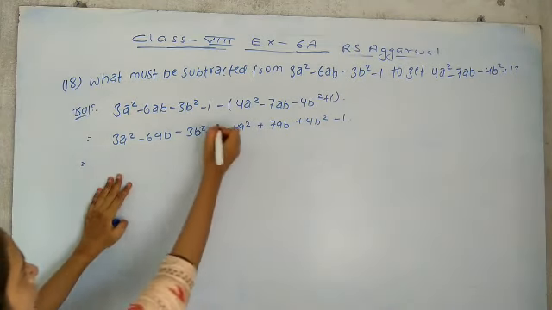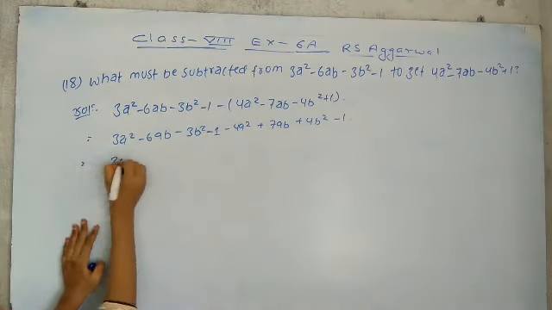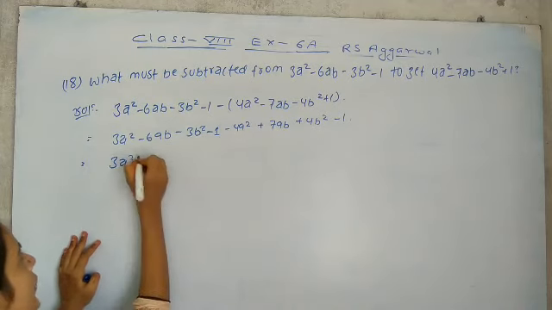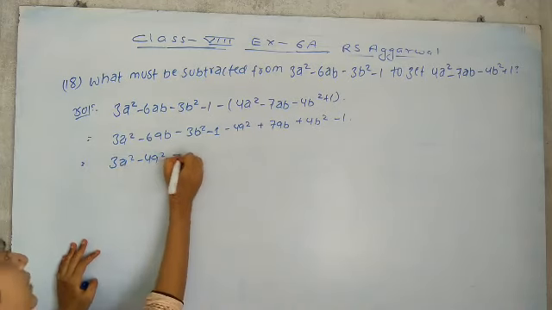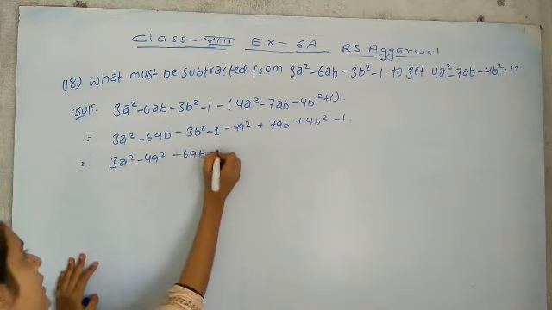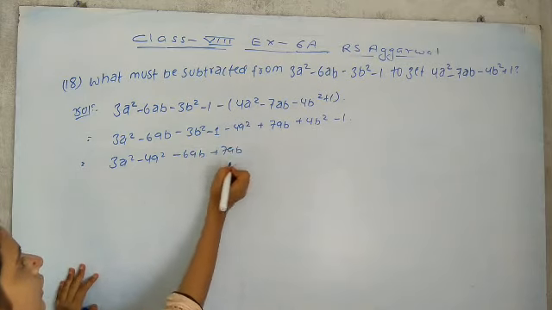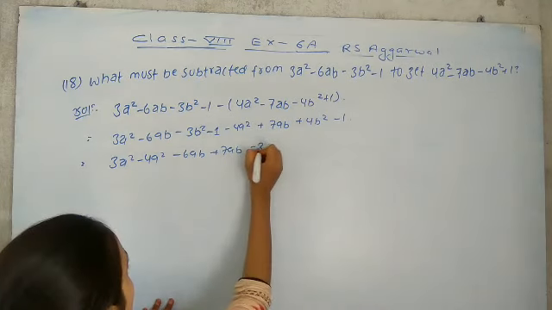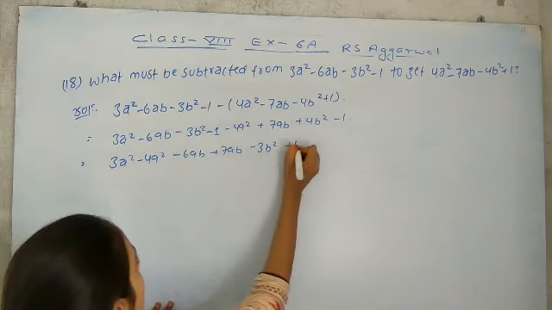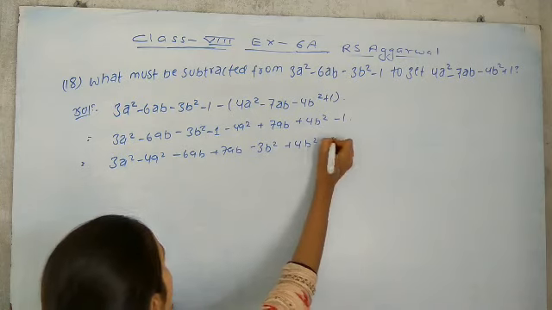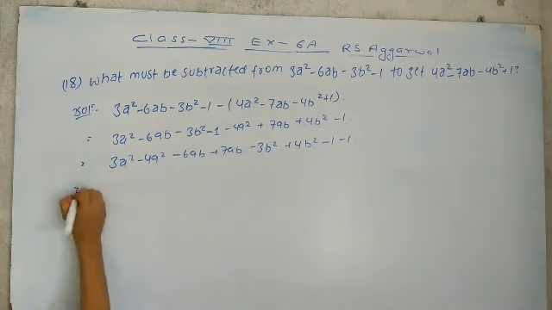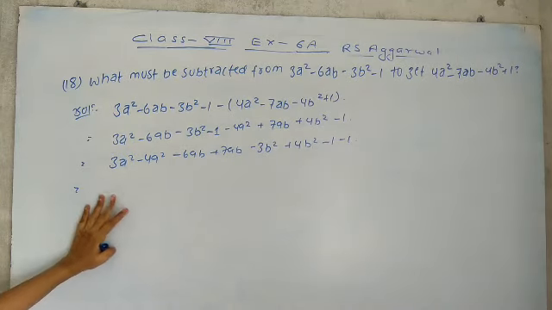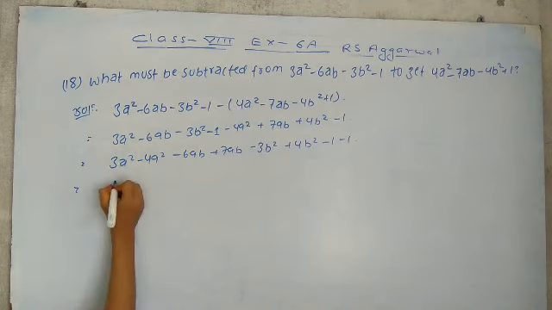Now we'll write in like terms: 3a square and minus 4a square. Here is minus 6ab, here is plus 7ab. Here is minus 3b square, here is plus 4b square. Here is minus 1, here is minus 1. Now solve it. 3 minus 4 is minus a square, since the minus sign is greater.